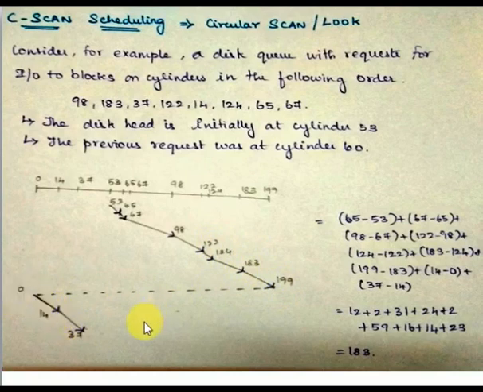You can notice that 199 minus 0 is not considered when calculating the seek time, because nothing is being served during this period. We are just moving the arm from one end to the other end. So the sum is equal to 12 plus 2 plus 31 plus 24 plus 2 plus 59 plus 16 plus 14 plus 23. So altogether the seek time is 183.